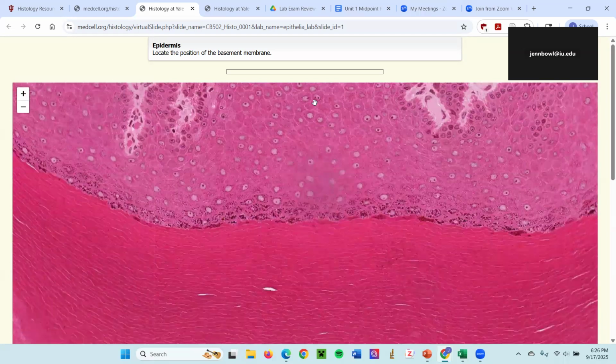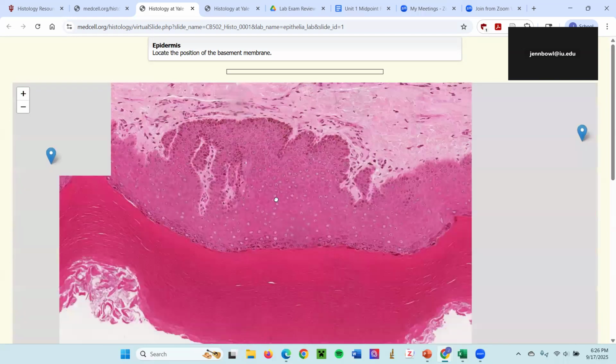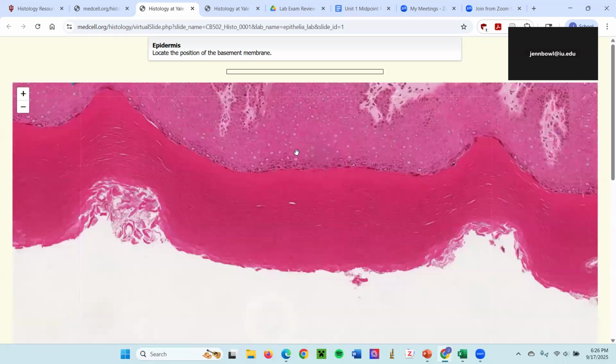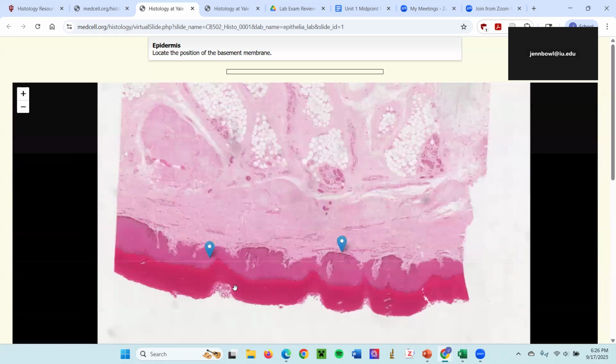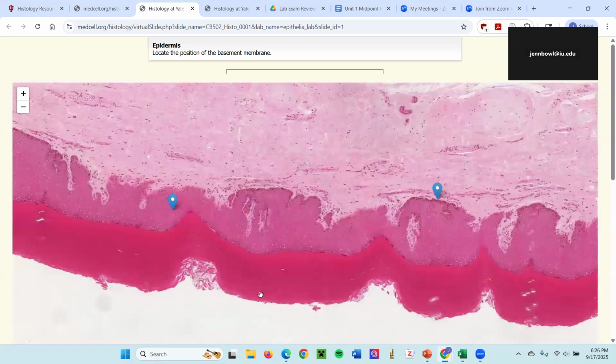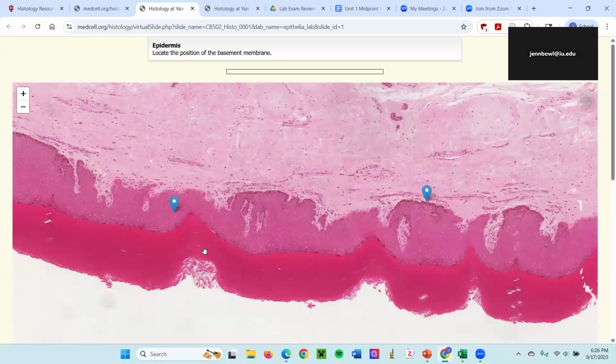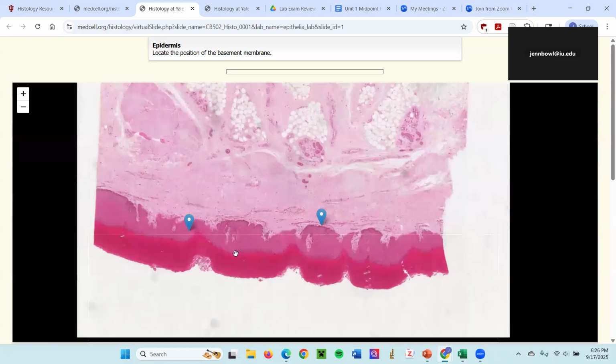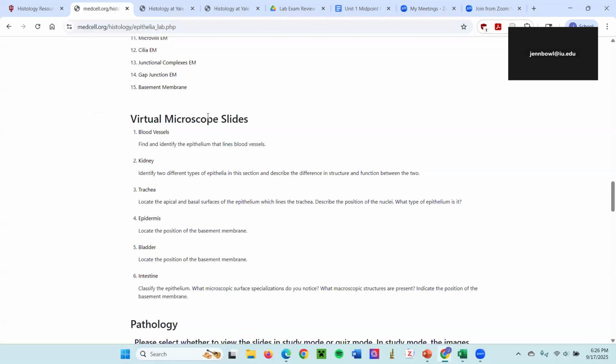But then as these cells get closer and closer to the surface of the epidermis, they'll start to flatten out and take on that stratified squamous shape. And in this case, this would be thick skin. And so you have a really, really thick layer of that stratified squamous epithelium. Okay, moving on. That covers pretty much all the tricky areas for epithelium.